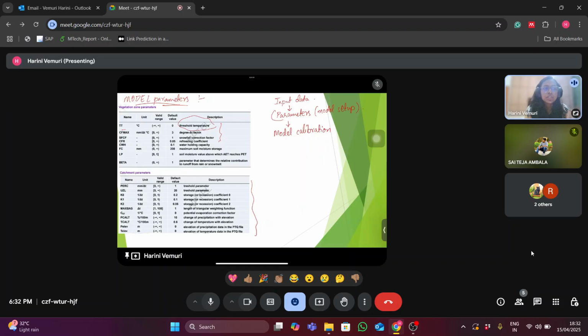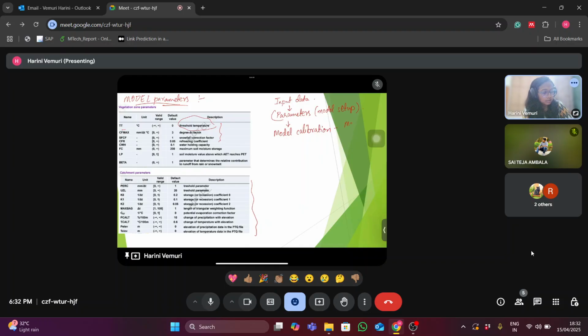You can keep changing the parameter values, generate the runoff, and see how the mean square error or any other function that you are considering changes. If a particular set of parameters gives the minimum MSE, mean square error, then we consider that as the optimized parameters.